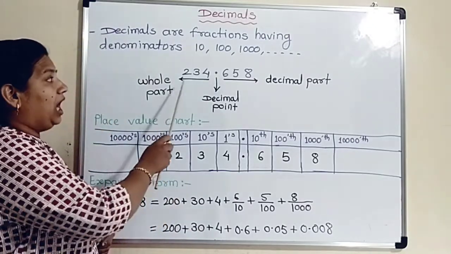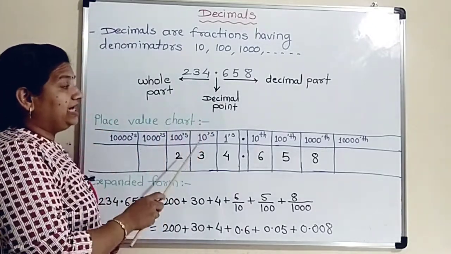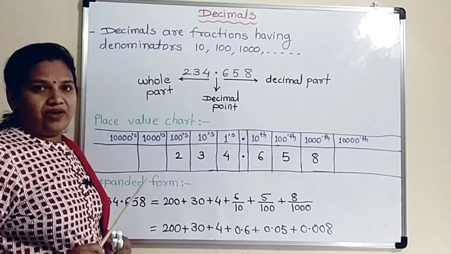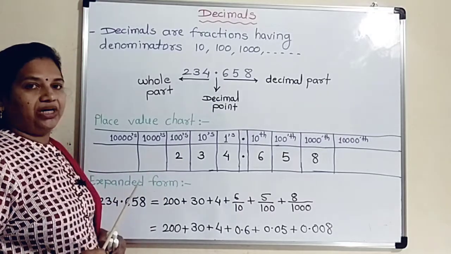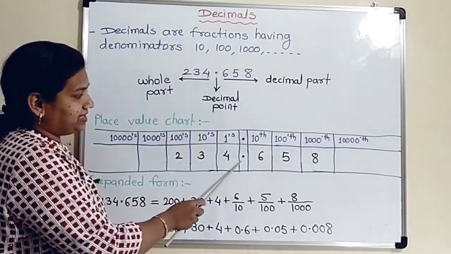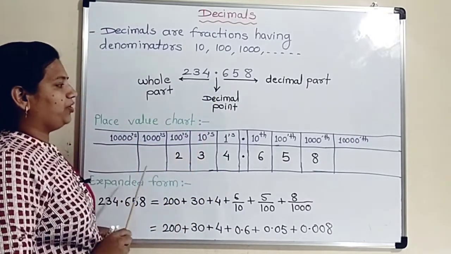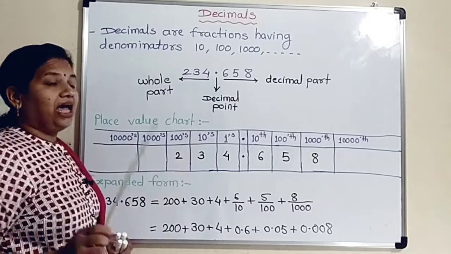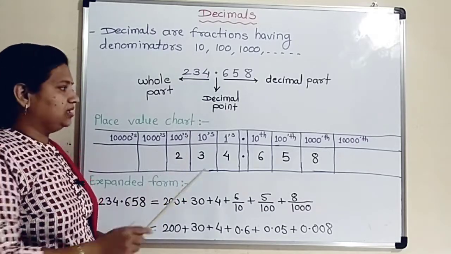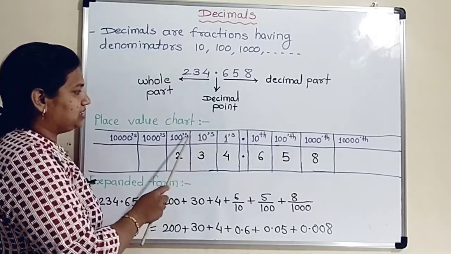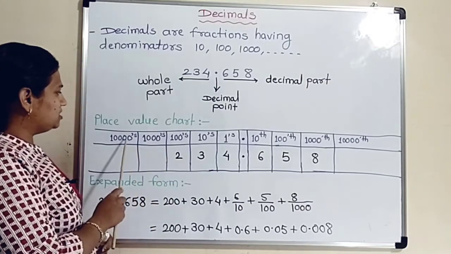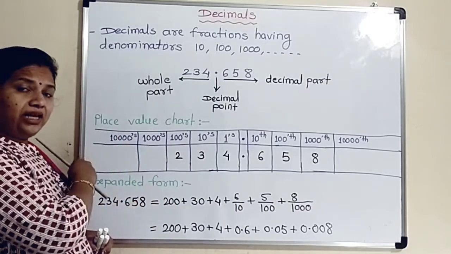Now here, how to decide the places and the place values. So here there is a place value chart. As I said, decimal point. To the left of decimal point, the places are as in general numbers like ones, tens, hundreds, thousands, 10,000s, and so on.